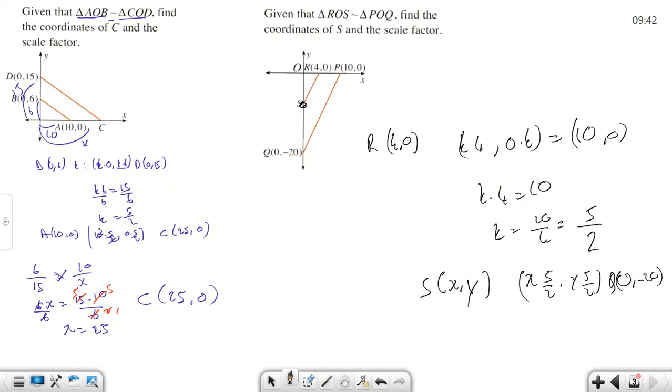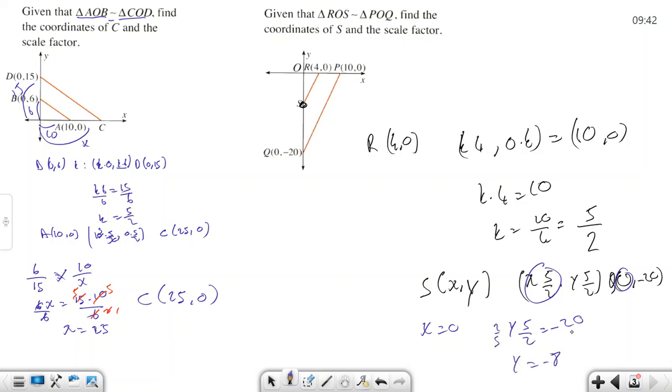You can directly say x times 5 over 2 equals 0, so x equals 0. And y times 5 over 2 equals -20.